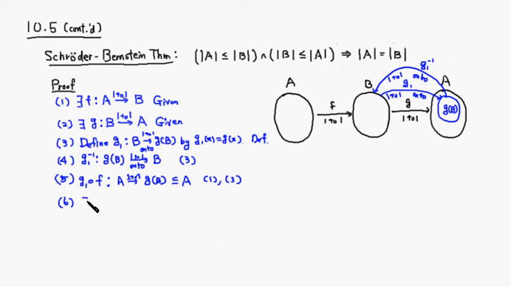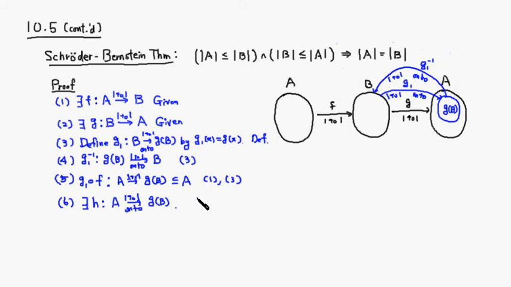So there exists a bijection h from A to its subset g of B. This is not only one-to-one, it's onto, because it's a bijective function.